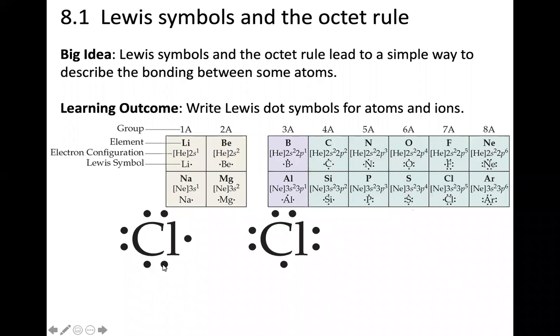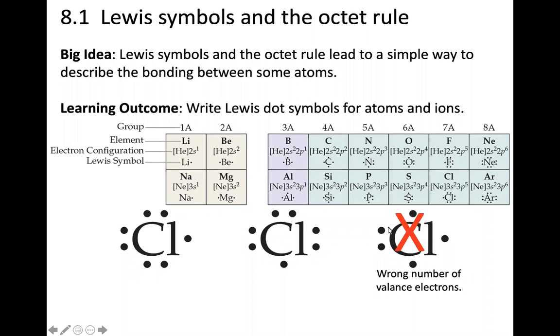The orientation doesn't matter. Doesn't matter if you've got them up, left, right. If you draw one like this, however, that's not correct because it doesn't have the correct number of valence electrons. So our plan for these, we're going to put them in independently until we reach 4, and then we begin to pair them up. It also tells me that there's going to be patterns for each of the columns. Carbon and silicon will both have 4 unpaired dots.